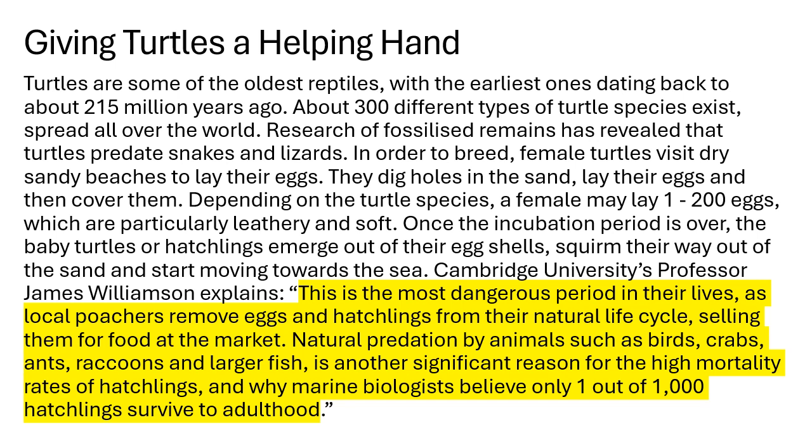That understanding is enough. You don't need to have a thorough understanding of the whole of each paragraph in this task type. Williamson's statement continues. "Natural predation by animals such as birds, crabs, ants, raccoons, and larger fish is another significant reason for the high mortality rates of hatchlings and why marine biologists believe only 1 out of 1,000 hatchlings survive to adulthood," unquote.